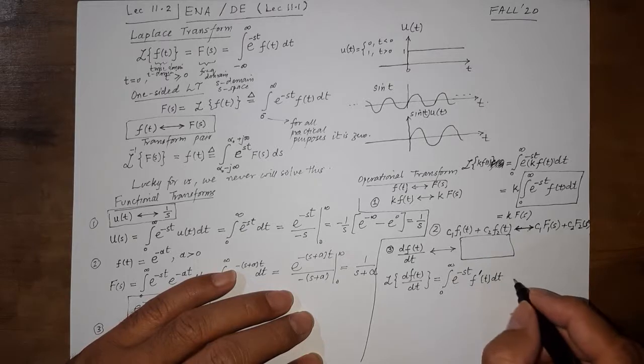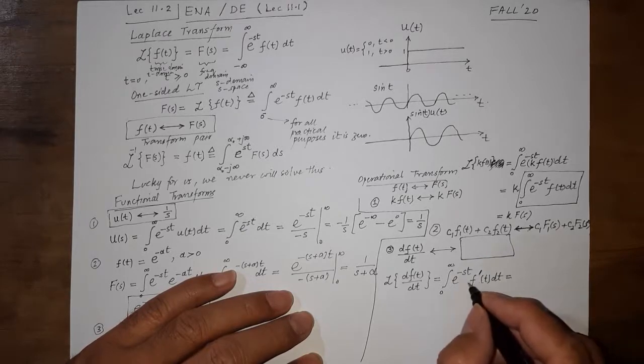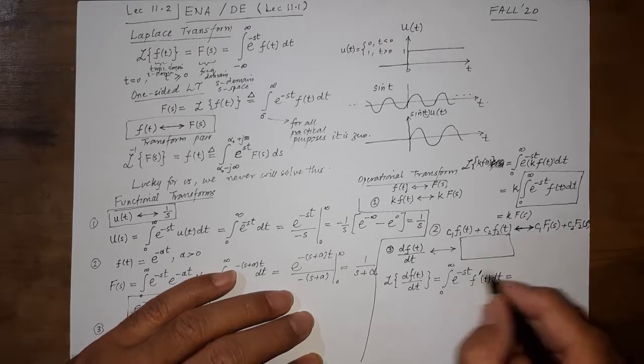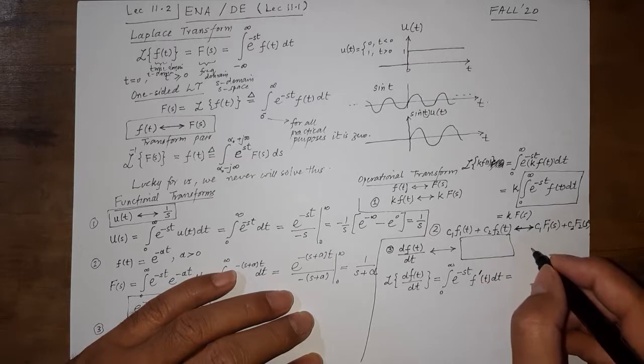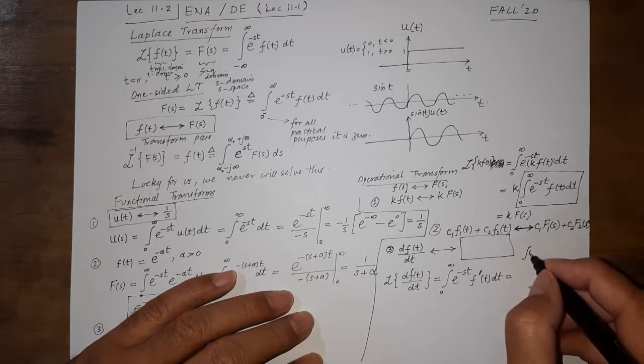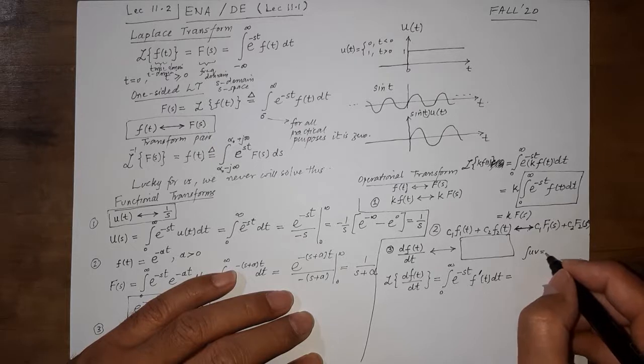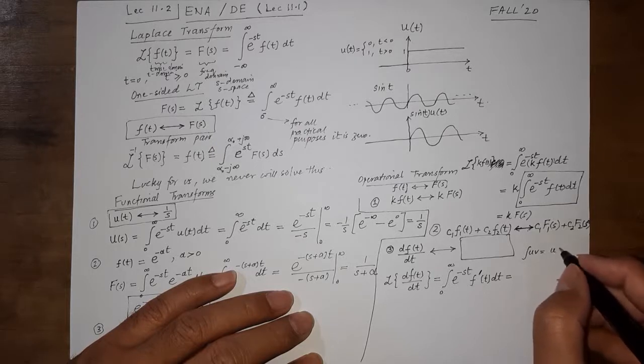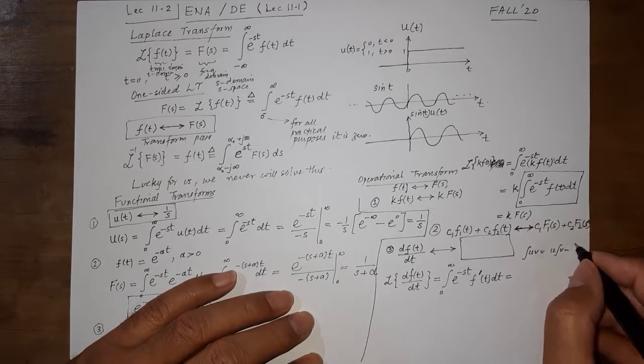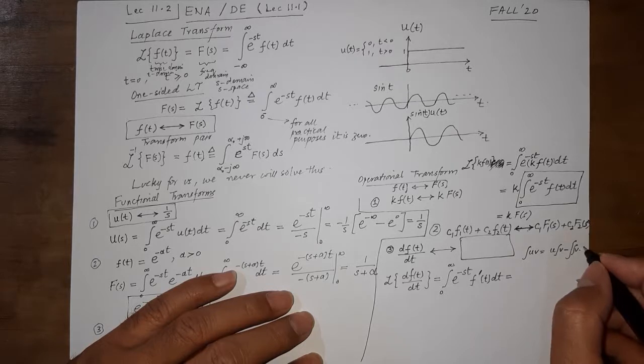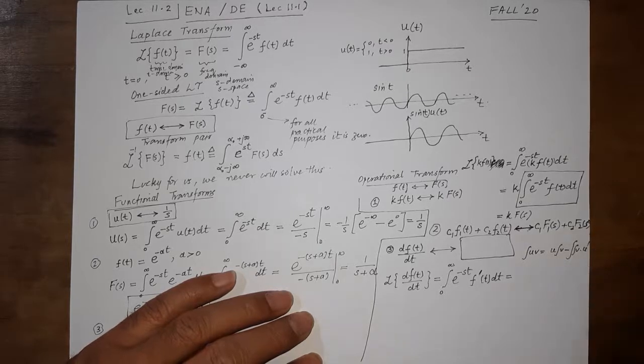And we can use the uv formula here. The integral of uv is basically equal to one of the functions as is times the integral of v, minus the integral of the integral of v times the derivative of u.